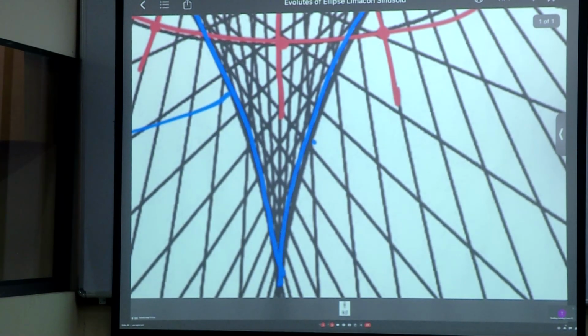And what are the lines? The lines are the normals. So what you see from this picture is that this blue curve is showing up because it is the envelope of the normals. So you get the following thing: the evolute, which is the locus of the centers of curvature, is also the envelope of the normals. So what shows up is always the envelope.